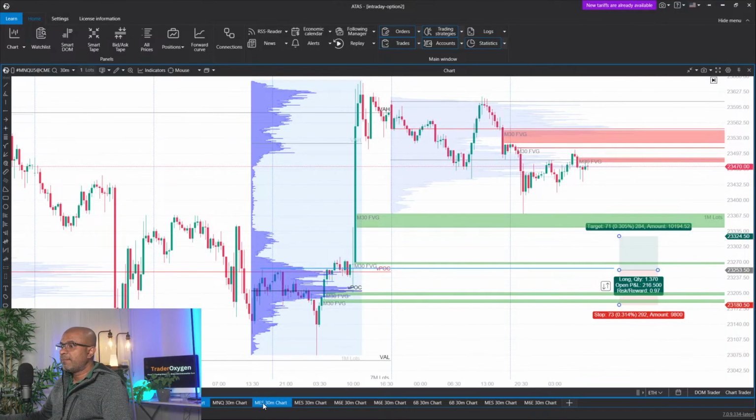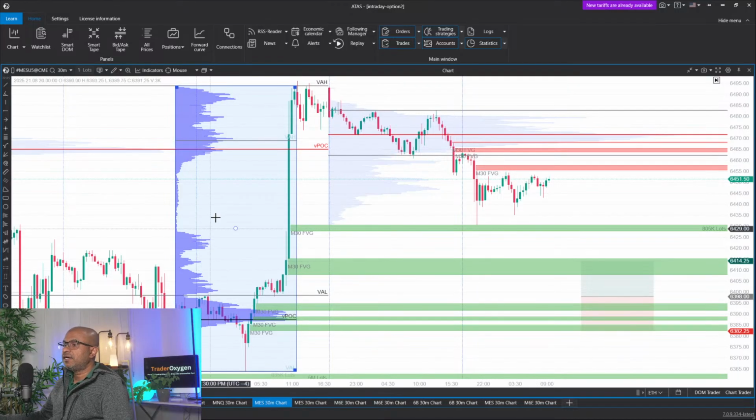Then if you look at the MES 30-minute chart, micro E-mini S&P 500, again similar price action, price pushed up on Friday making a high volume cluster. So again you can see we are waiting for the price to retrace to this high volume cluster. There's a bullish fair value gap as well, which is a smart money concept.